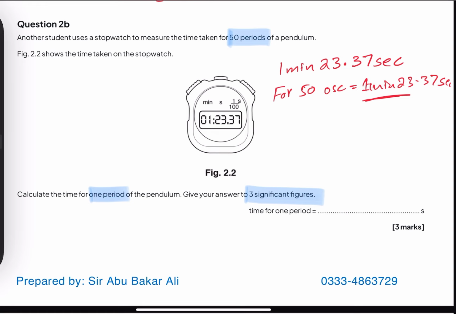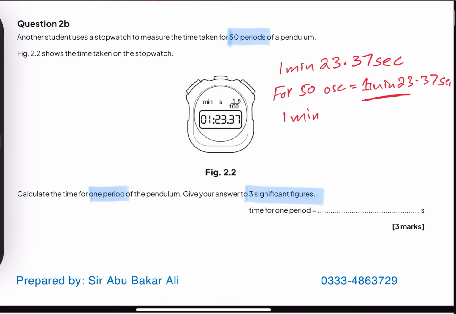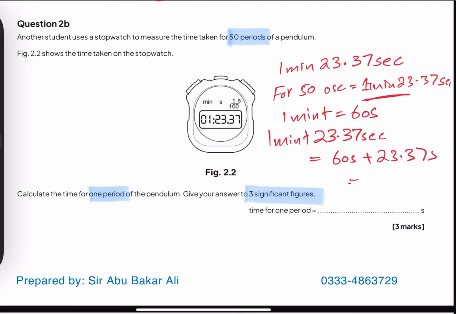We know that 1 minute is equal to 60 seconds. So 1 minute 23.37 seconds is equal to 60 seconds plus 23.37 seconds. This will give you 83.37 seconds. This is for the 50 oscillations.